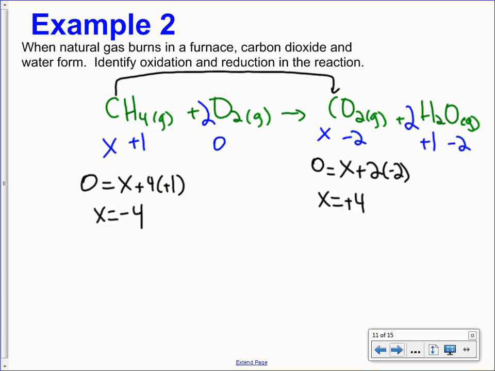Carbon goes from a -4 to a +4. So in this case, carbon is losing electrons as it gains that positive charge. So we can say that carbon is undergoing oxidation.